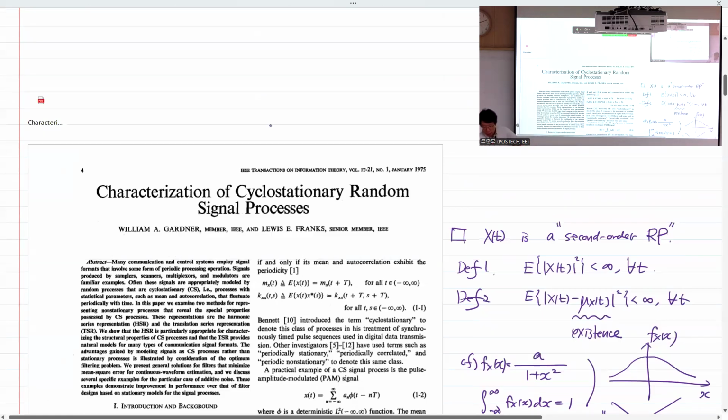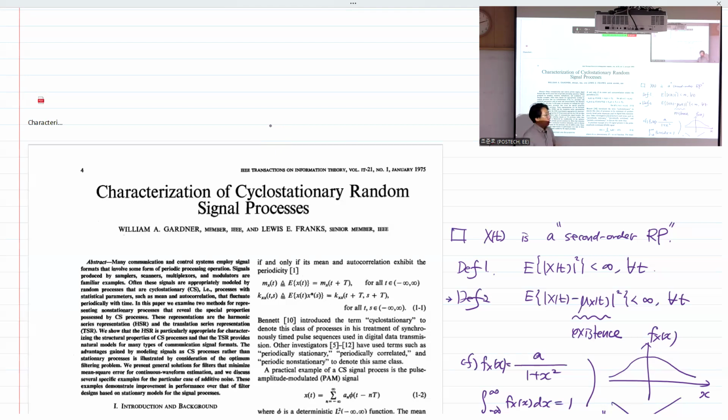Anyway, so let me go back. Here, the second definition assumes the existence of the mean process or mean path of the random process x of t. Furthermore, it assumes what? The rest of the random process, after subtracting the mean path, has finite power for all t. So probably I want to say this one in my argument, but usually people say this as the definition of the second order random process.